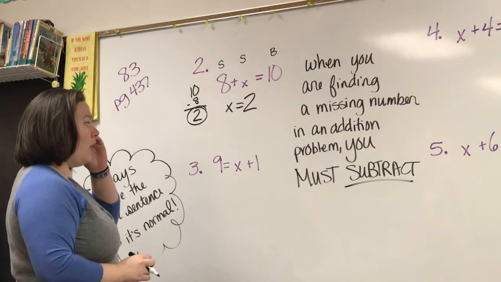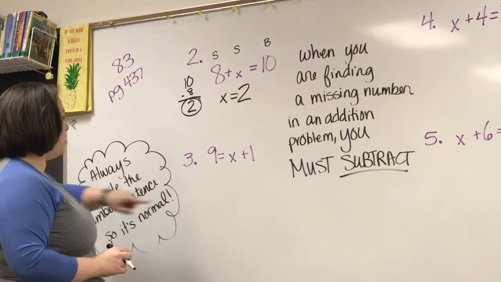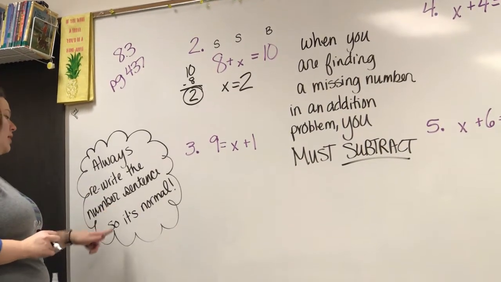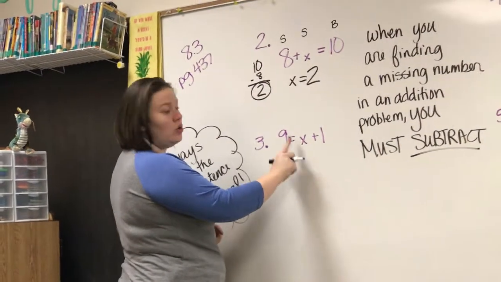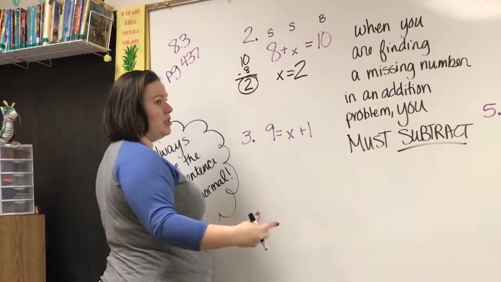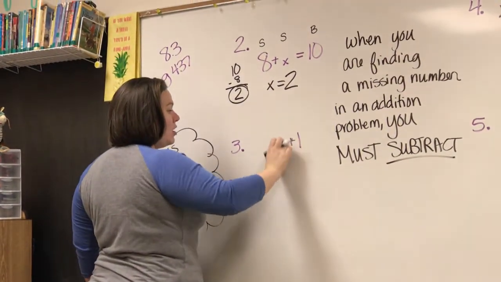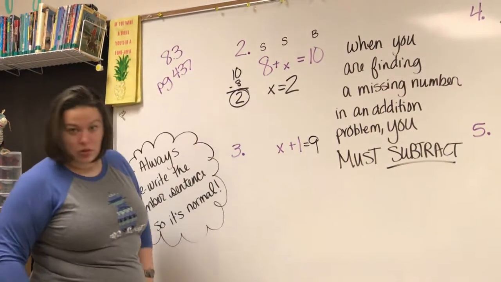Okay? Moving on to question number 3. Again, you need to write this in your notes. Always rewrite the number sentence so that it looks normal. This is not normal. We aren't used to seeing the equal sign and the total being on the left-hand side. So I want you to rewrite it so it looks normal.